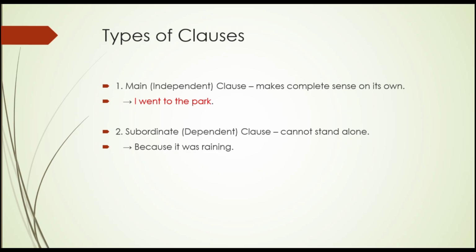As we can see here, the main clause, which is the independent clause, makes complete sense on its own: I went to the park. I is the subject, went is the verb, and to the park is a prepositional phrase which works as a complement. So here I have a complete meaning out of the clause, and that's why it works as an independent clause. Look at the second example.